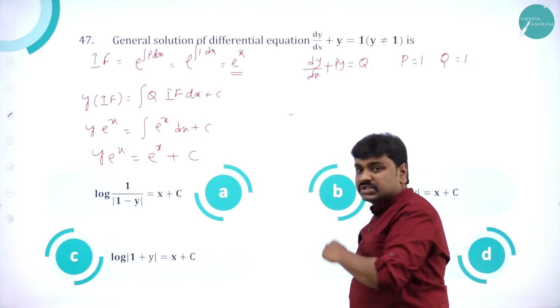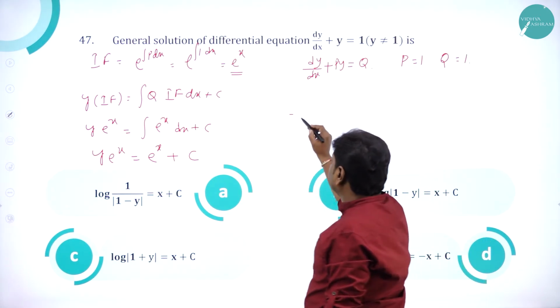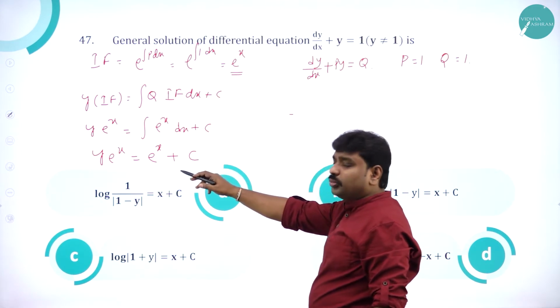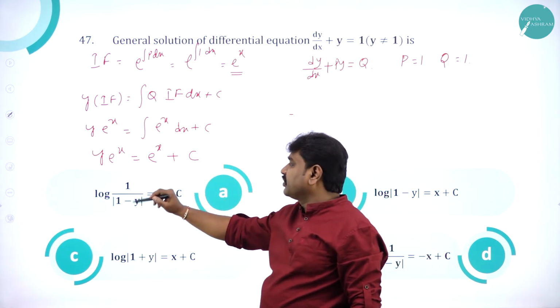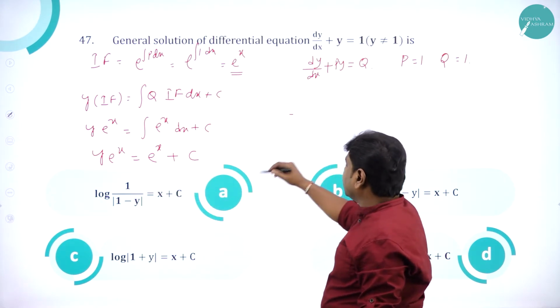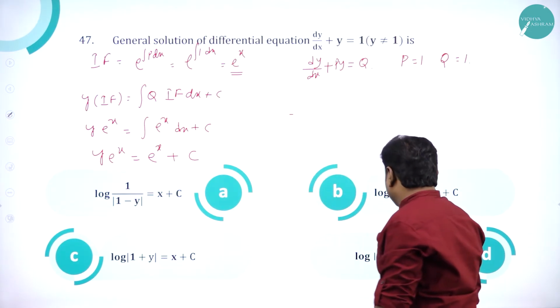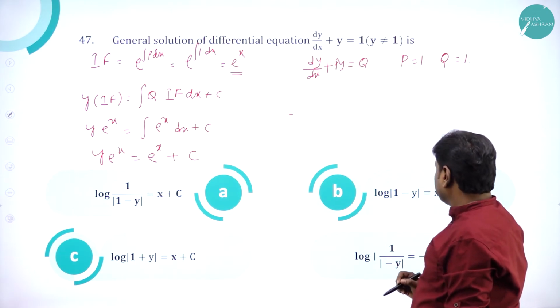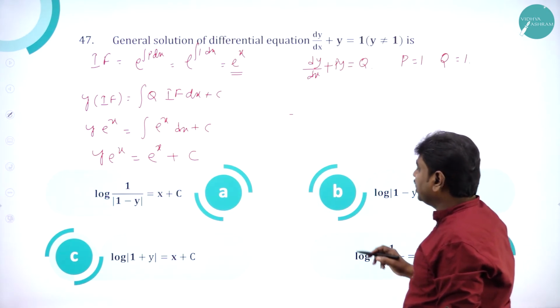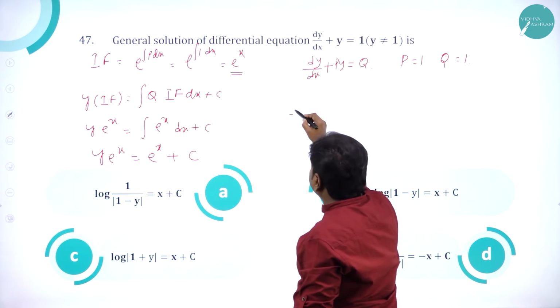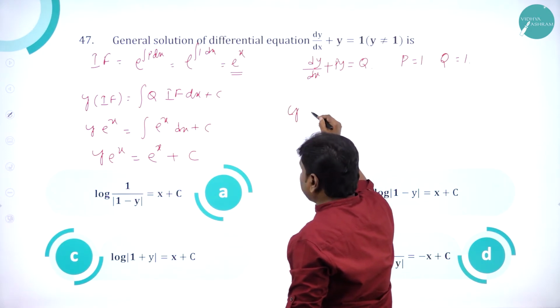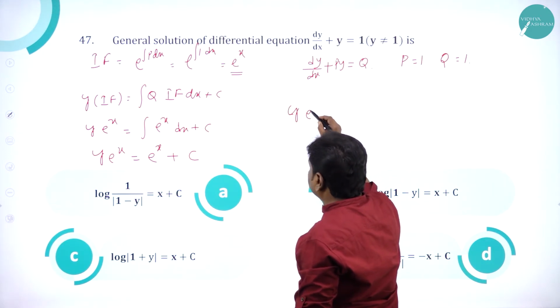So apply log on both sides. If I apply log on both sides, log a into b is log a plus log b, it will become log y. But I have 1 minus y, so I will take it common and rearrange according to the format. Now I will take y e power x to the RHS.